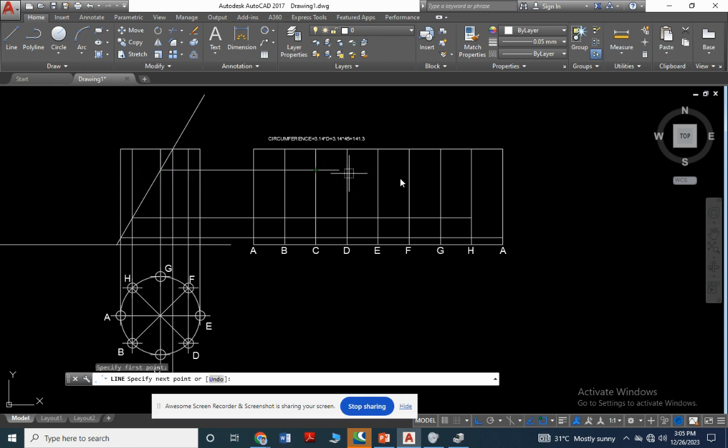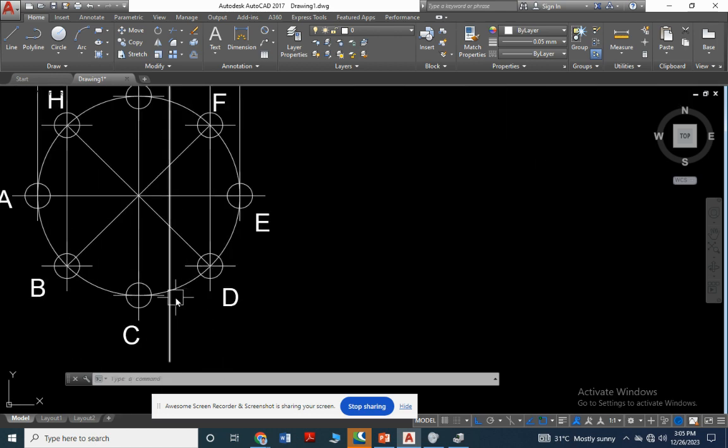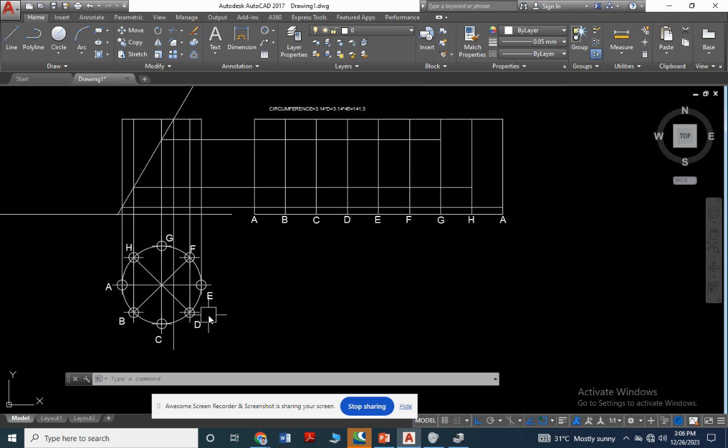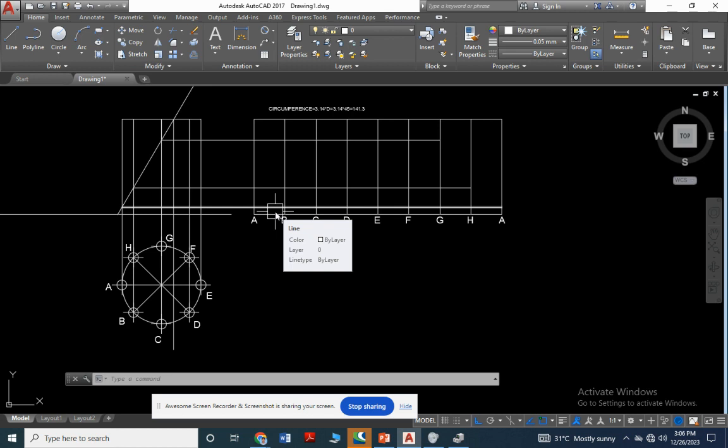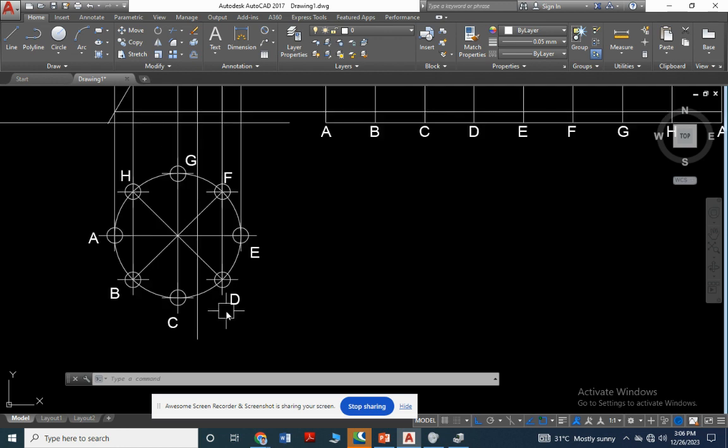CG, C and G. Okay, no problem. Then C to D, as well as F to G, E to G.